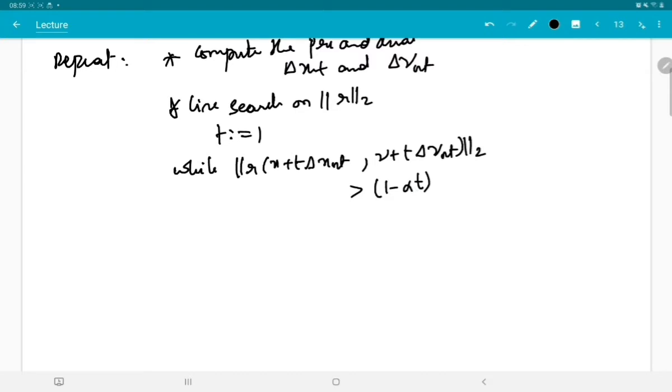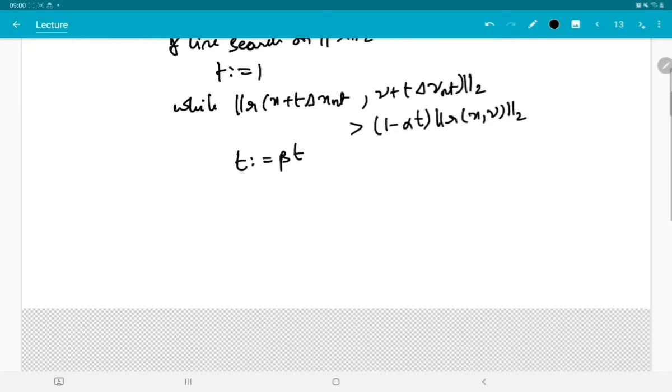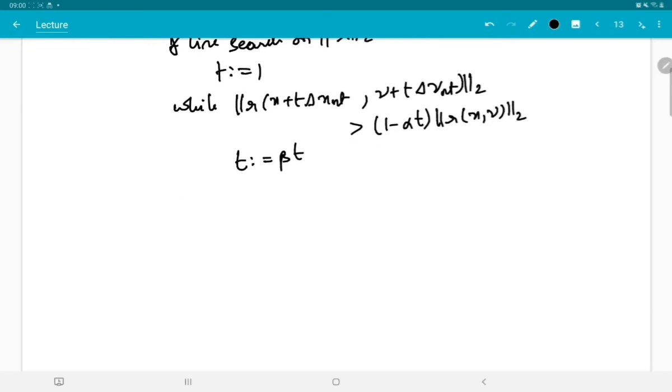the new residue is greater than 1 minus alpha t times the previous residue, update t as beta t. And after finding t, update x, update primal and dual.